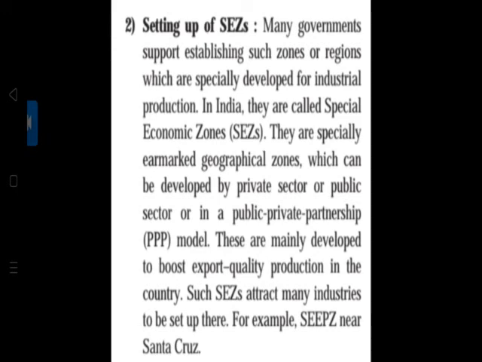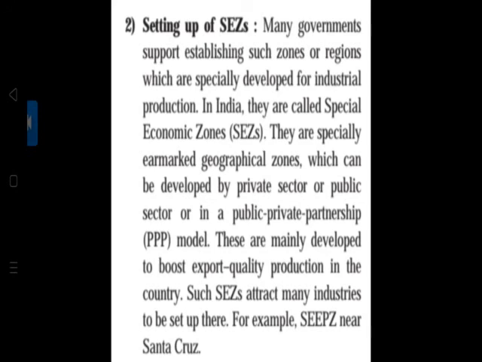They are developed for industrial production in earmarked geographical zones, which can be developed by the private or public sector, or in a partnership, that is, a public-private partnership (PPP) model. These are mainly developed to boost export quality production in the country.